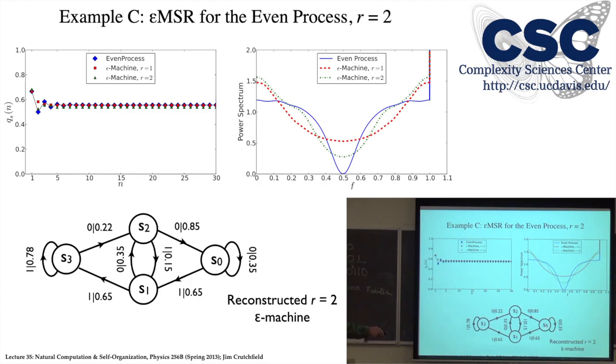The probability from this causal state of seeing a 1, 1 is 0.65 times 0.65, and the probability from this causal state of seeing a 1, 1 is 0.65 times 0.78. So S0 and S1 do not have the same features to length 2, and there is no collapsing of causal states here.